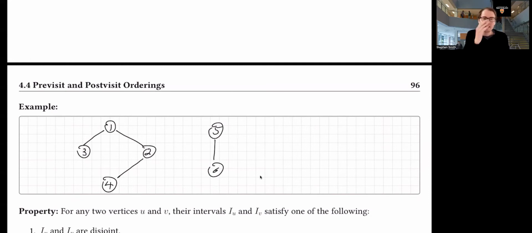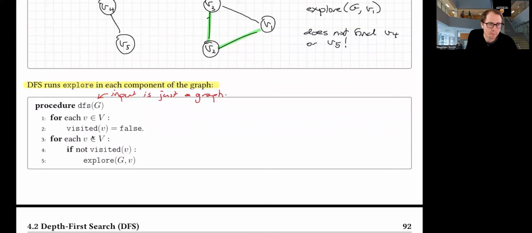Okay, and let's say that, in depth first search, when it's looping over vertices, so let's go back for a second here, it always loops through them in order, like from 1 to 6 in this case.